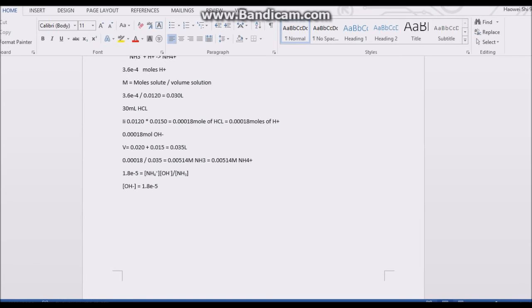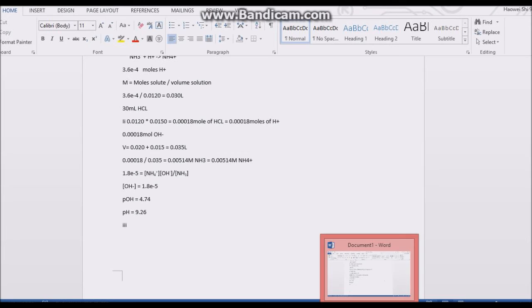So OH minus equals 1.8 times 10 to the negative 5th, which gives pOH, which is pretty self-explanatory, and we got 4.74 for the pOH. I'm going to write out the pH step by step. It is equal to 9.26.